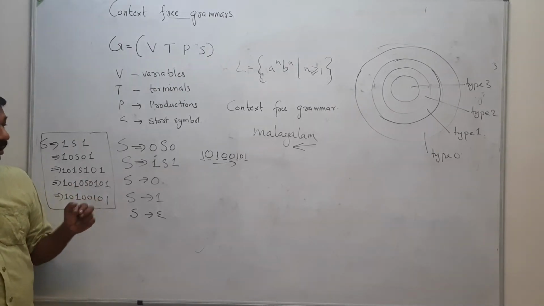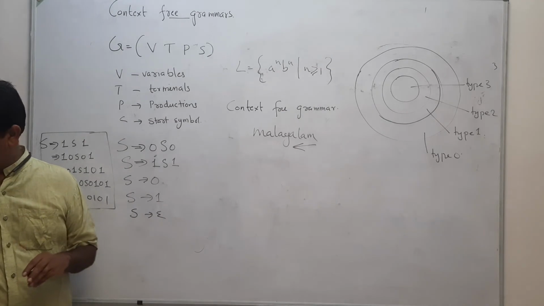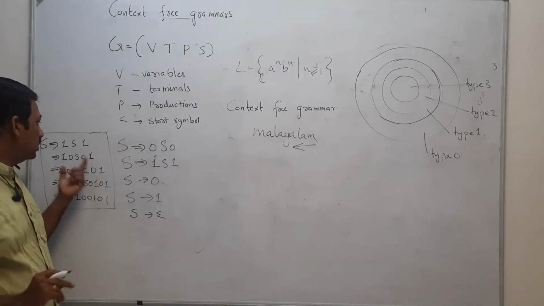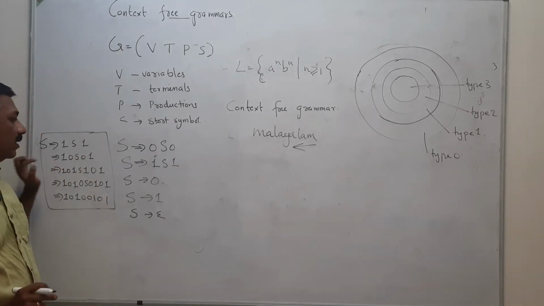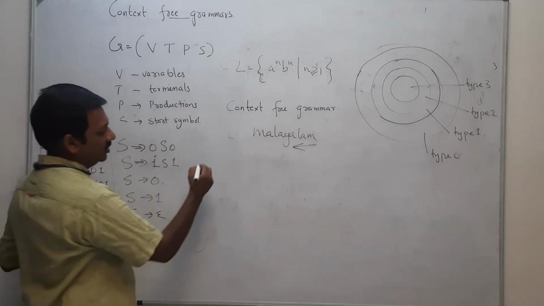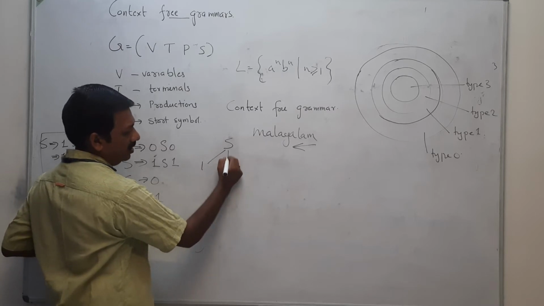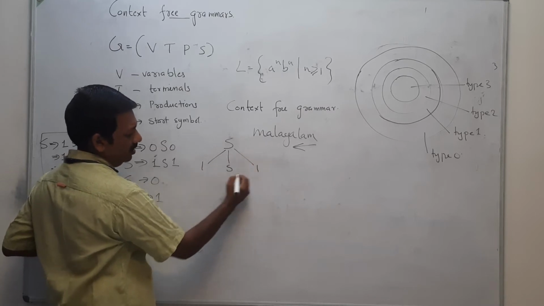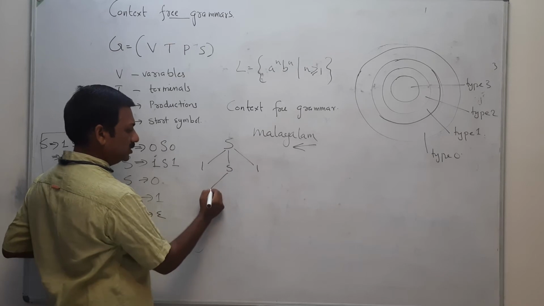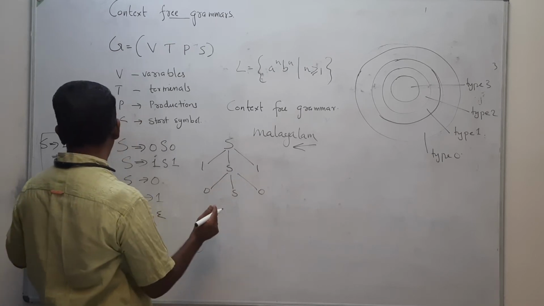And the equivalent tree you can generate. That means this is the parse tree, or the tree you are going to generate. This is called the derivation tree. From S, this is 1 S 1. And from this 0 S 0.